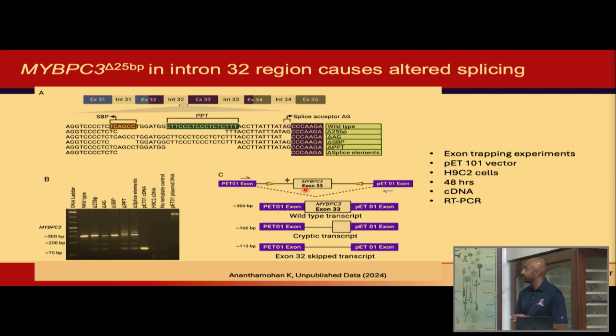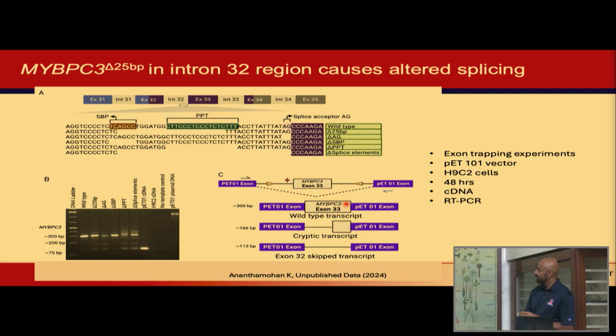Coming back to the 25 base pair deletion, this is an in vitro experiment where we used an exon trapping plasmid construct system. We cloned the region with the intron, exon 32, then intron 32, with or without the variant.